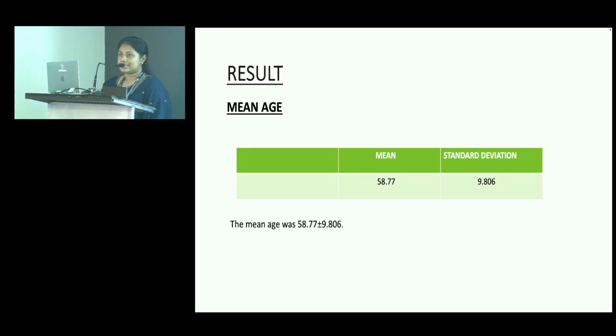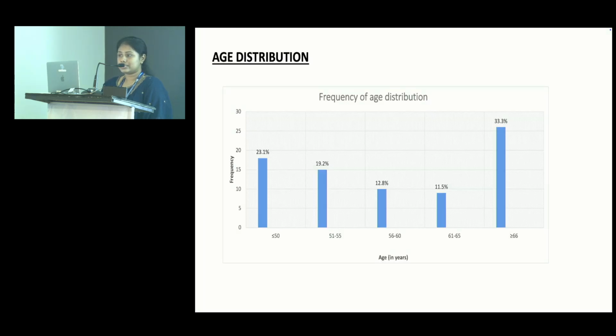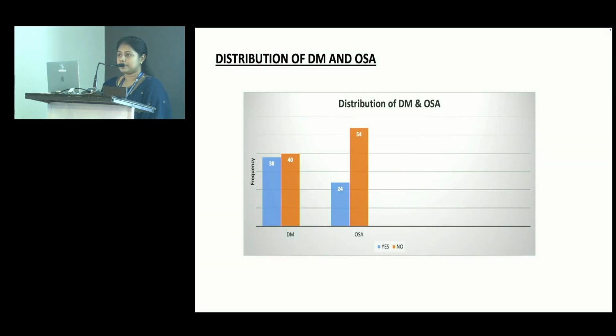Then the results. The mean age was 58.77 plus or minus 9.806. Most of our patients were more than 66 years. In the distribution of diabetes and OSA, the diabetes positive patients were 38 and those with OSA were 24.